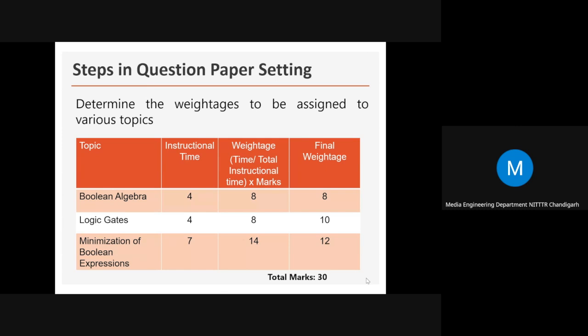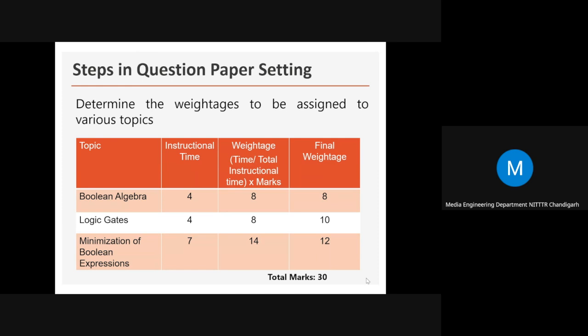Depending upon the importance of that particular content or the depth to which we want to cover, there will be different instructional hours allotted to different units. Accordingly, the teacher spends different instructional hours in the class for different topics. So the instructional time allotted to units should be the basis for allotting the weightage.